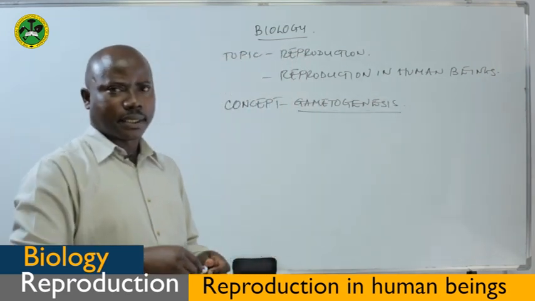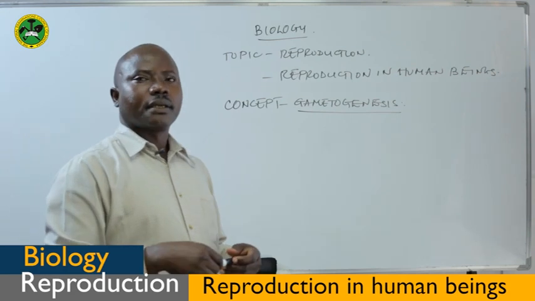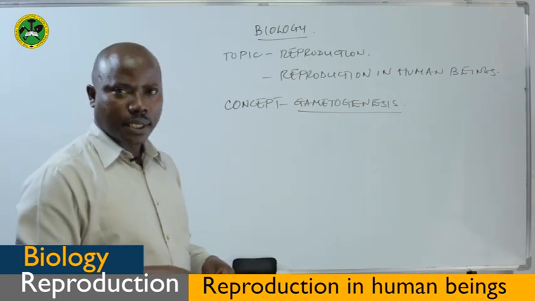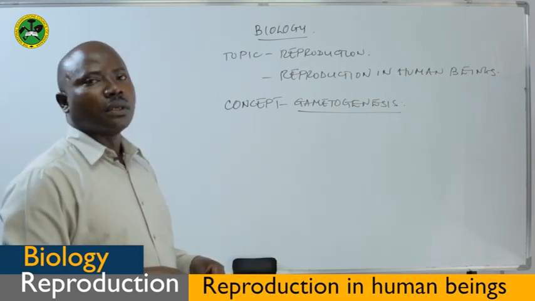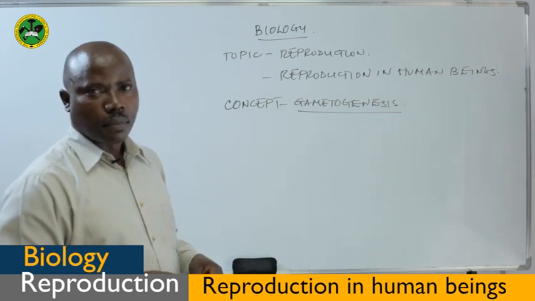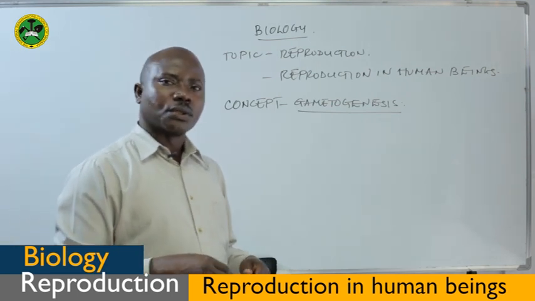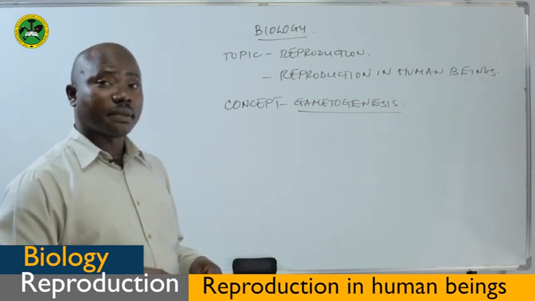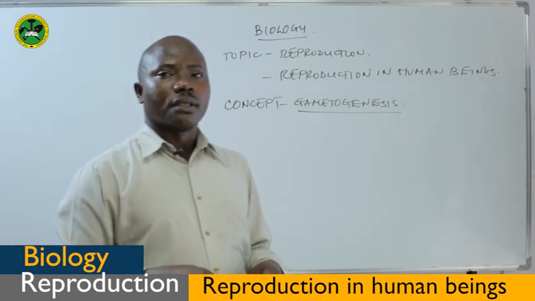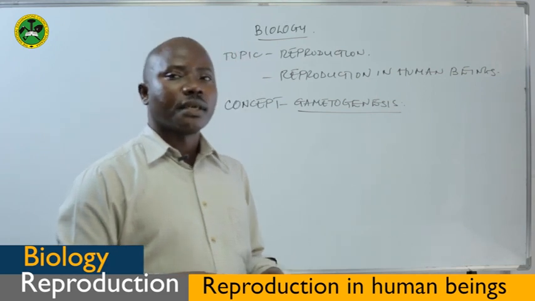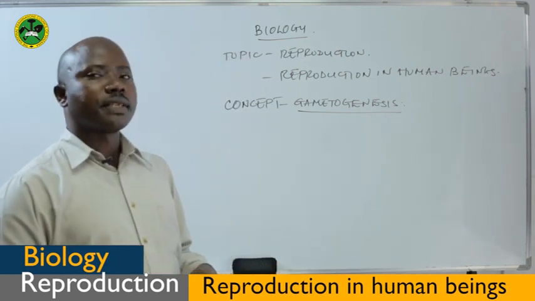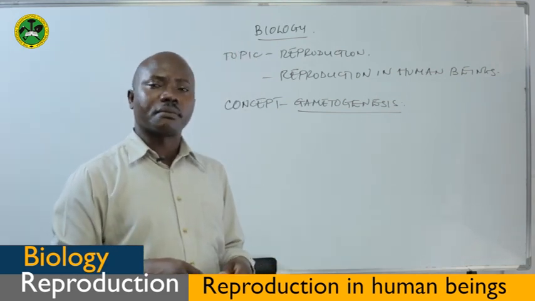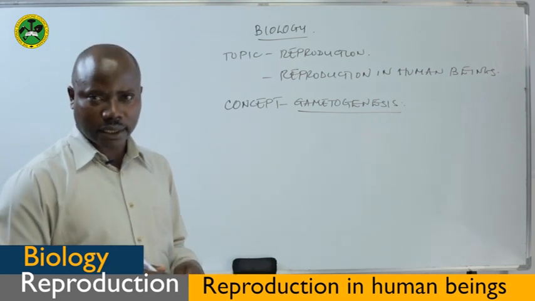Why gametogenesis? In the matter of fact, if you remember last day, I presented to you the reproductive system, and in it we saw the parts of the reproductive system and the function performed by each part. One of the major functions of the reproductive system, we said, is gametogenesis.